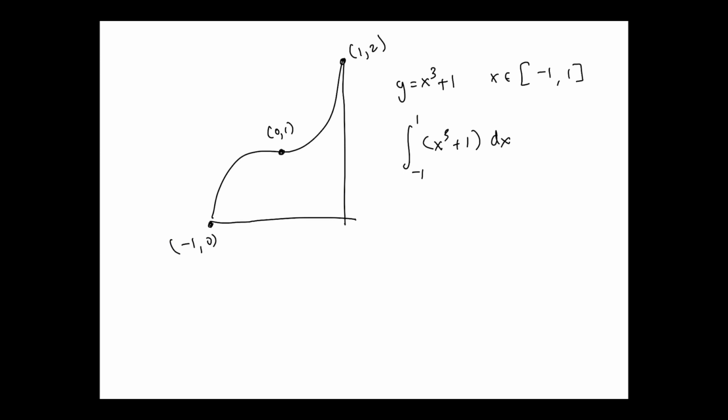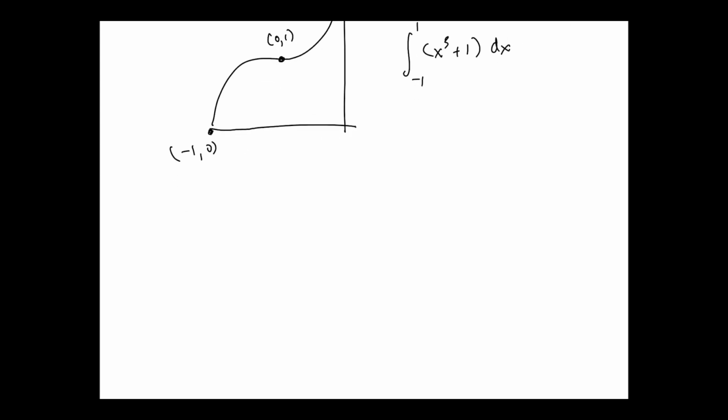How would I set this up if I wanted to work and think horizontally? Okay, well, what's the first thing I need to do? Yeah, I need to find the inverse of the function, right? So I need to take y equals x cubed plus 1 and solve for x, okay?